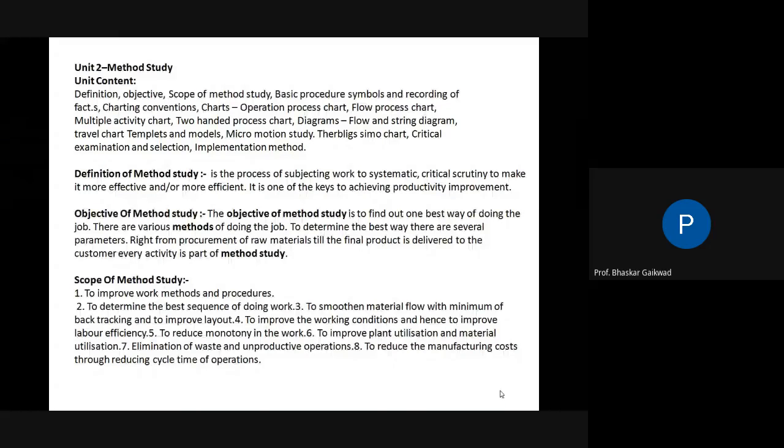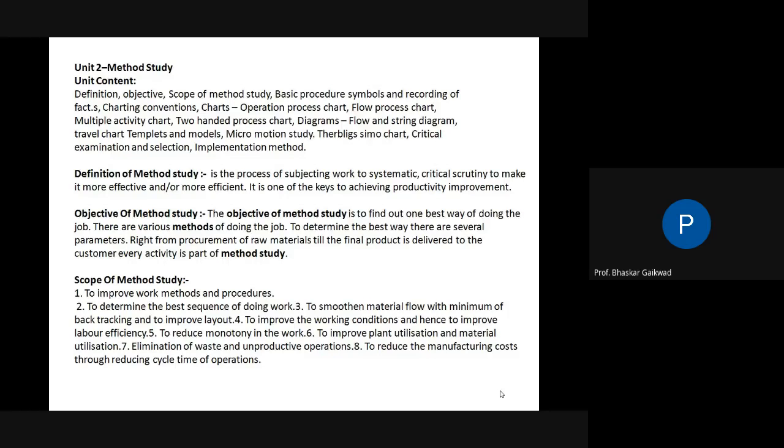Now, unit number two. This is part of industrial engineering: method study. In this method study, the points contain the definitions, objective, scope of method study, basic procedures, symbols, recordings, then charts.